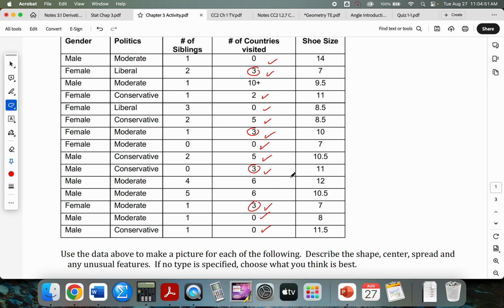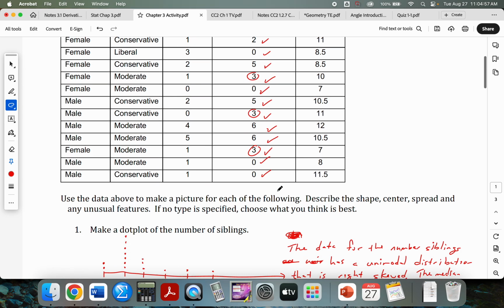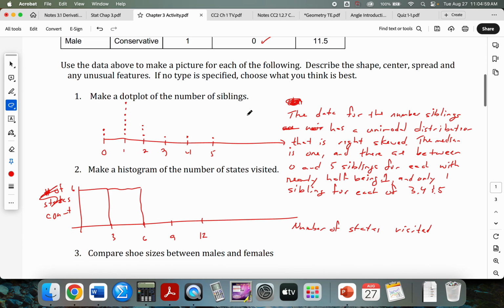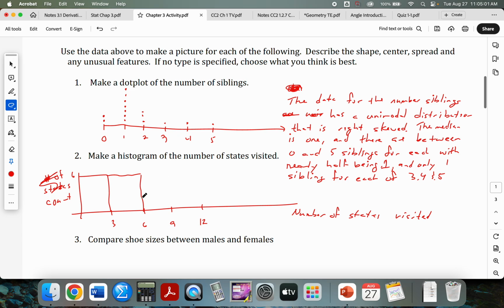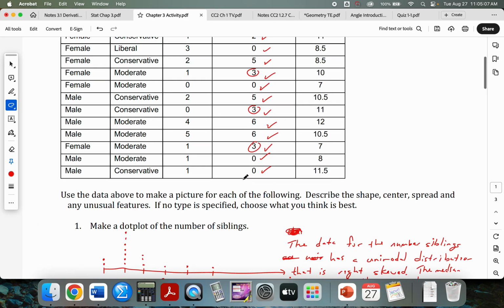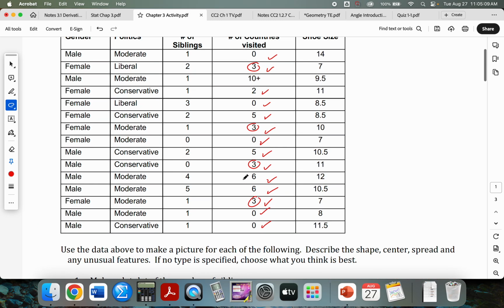All right, 6 to 9. There's just 2. Nine to 12, there's just 1.